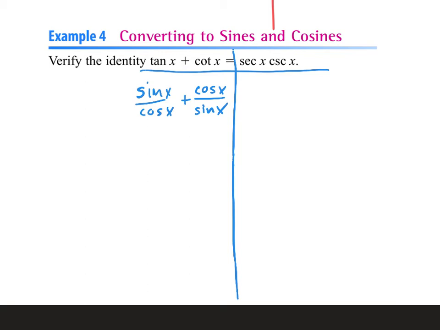So we have 2 fractions here, and we want to get 1 term. So how can we combine these fractions? What do we need? The same denominator. So what could our same denominator be?